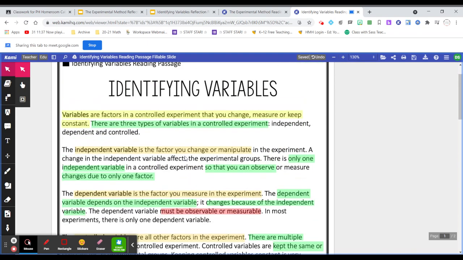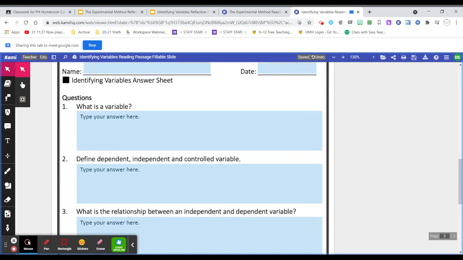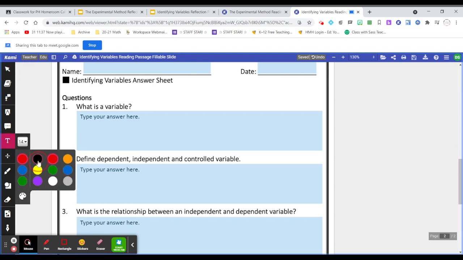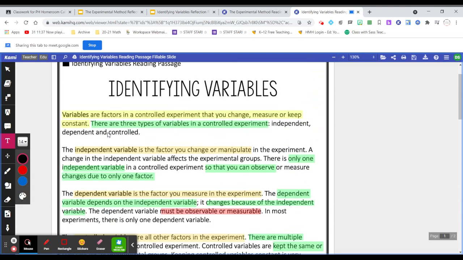Questions on what we read? No? All right, let's go ahead and answer our questions. So when we scroll down, our first question asks us, what is a variable? Well, remember, I highlighted stuff, so I'm going to scroll back up and see if I highlighted. Did I highlight the definition of a variable?